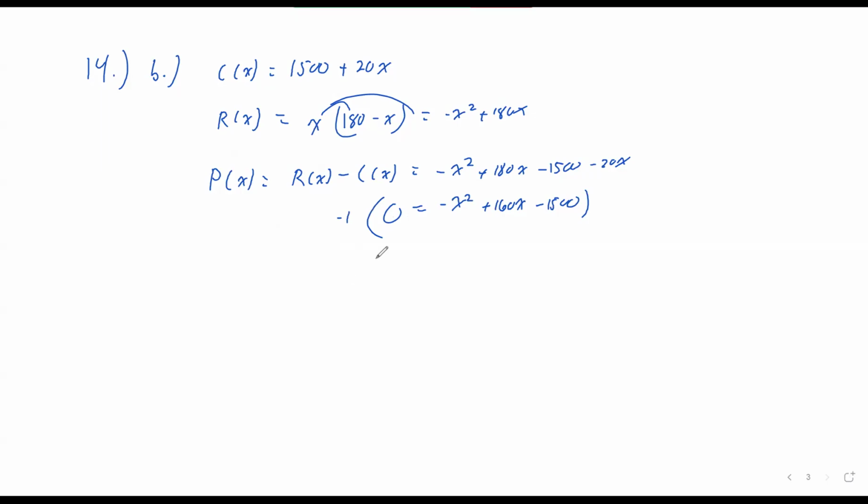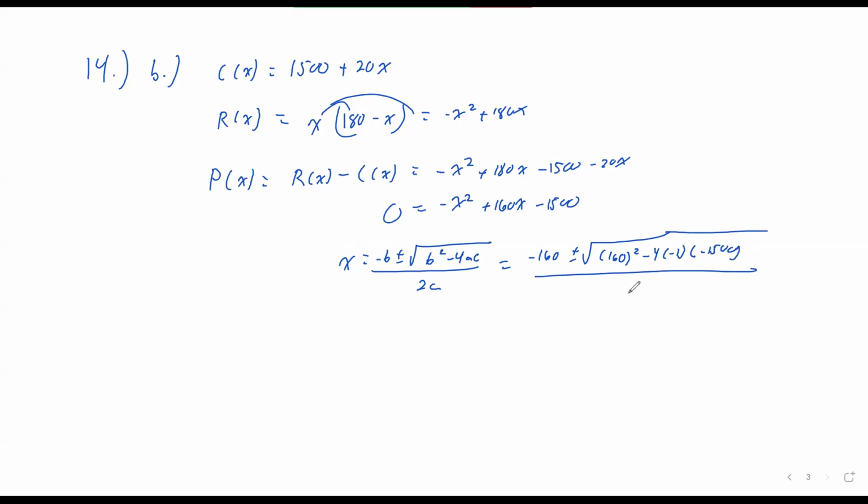I'm going to use the quadratic formula: negative b plus or minus the square root of b squared minus 4ac, all divided by 2a. So this is negative 160 plus or minus the square root of 160 squared minus 4 times negative 1 times negative 1500, divided by 2 times negative 1.